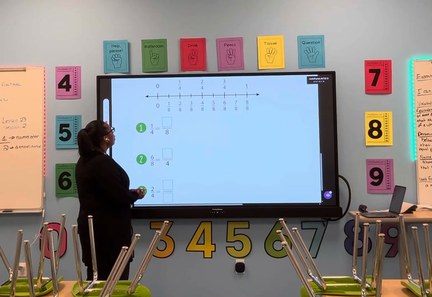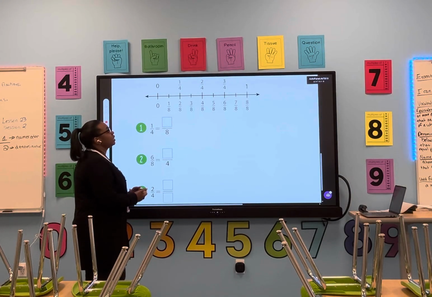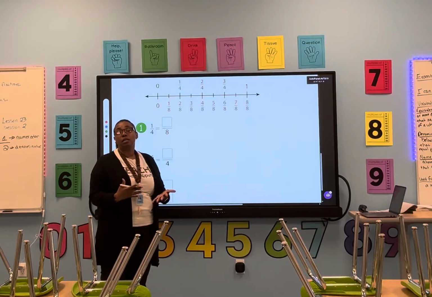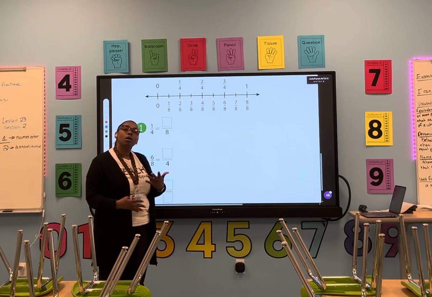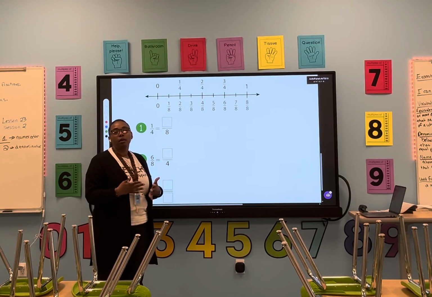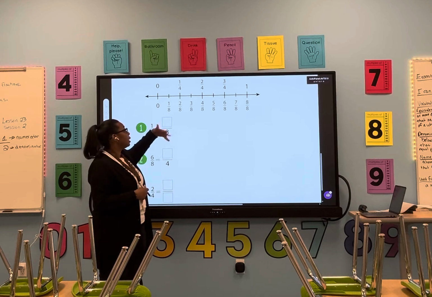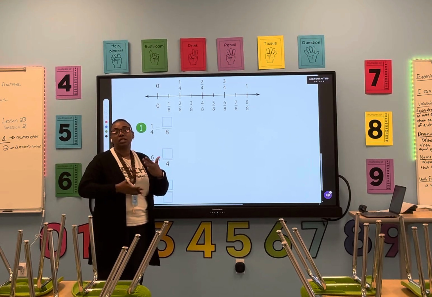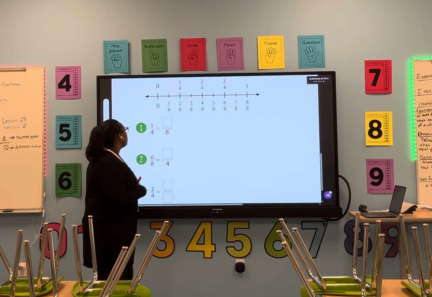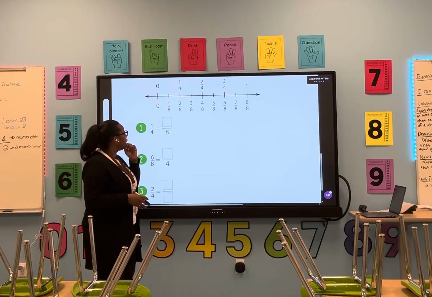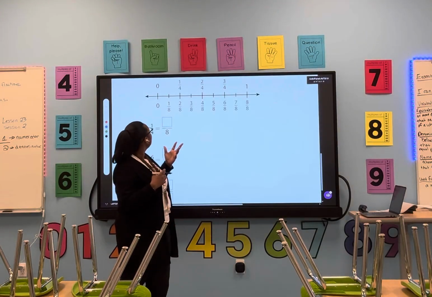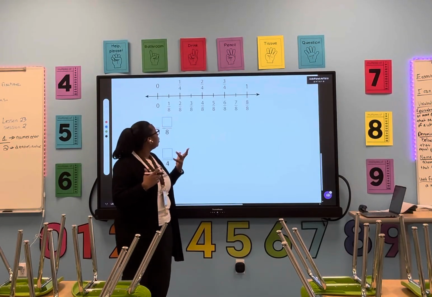Now, all we're doing is looking at fractions that share the same point, or we call it a tick mark, or you can say a line on the number line. That's what we're looking for, fractions that share that same area. So on this number line, we have about 3 of them. So I'm going to go ahead and circle those 3.